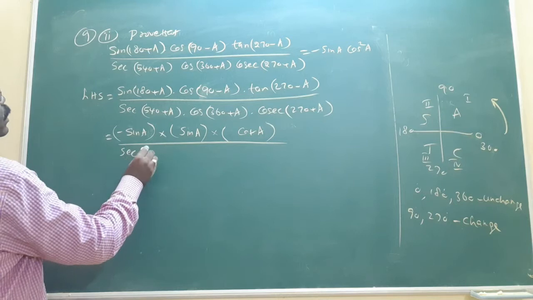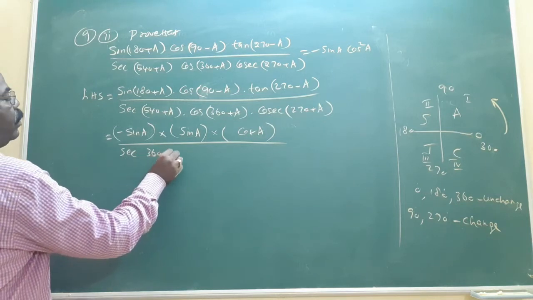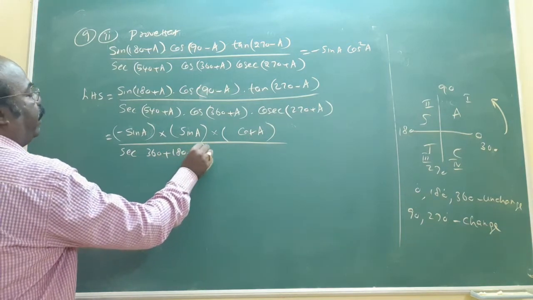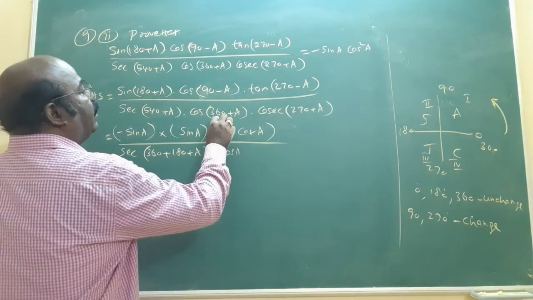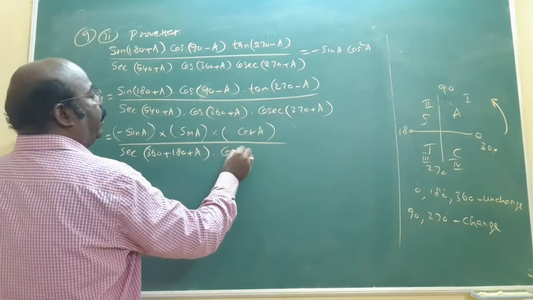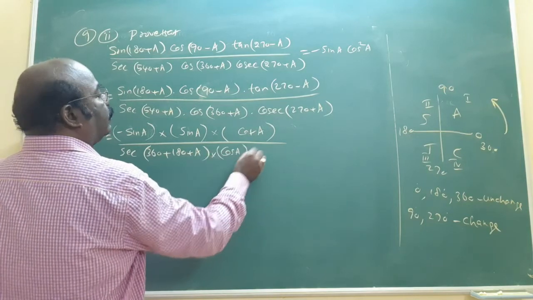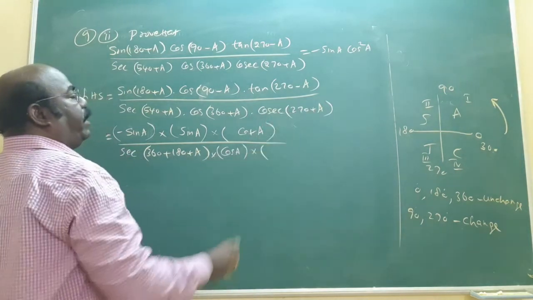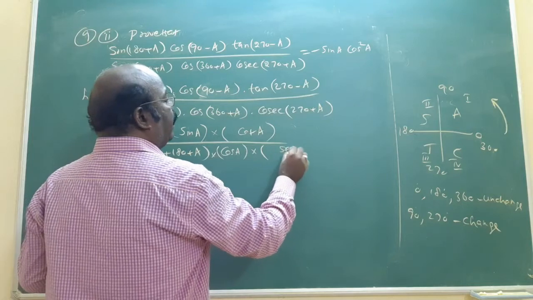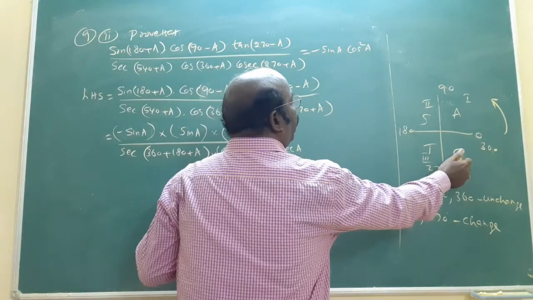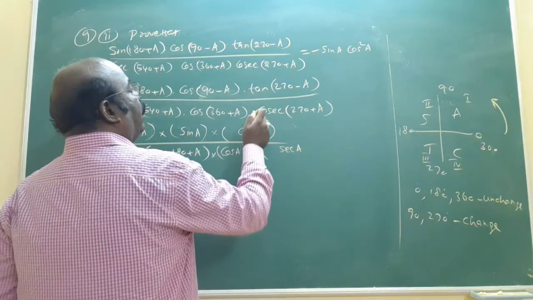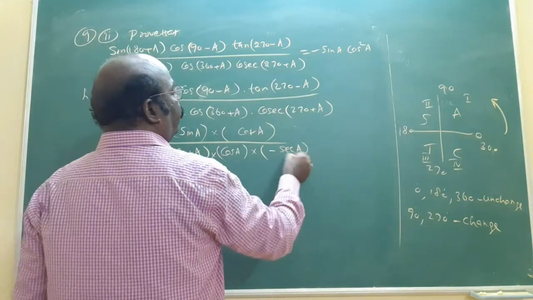Am I correct? 360 plus 180 plus A. That way you write cos A because 360 becomes 0. Into here cosecant 270. The cosecant becomes secant A. 270 plus is what? Fourth quadrant. Cos only positive. Here cosecant is there, that's why negative. Am I right?